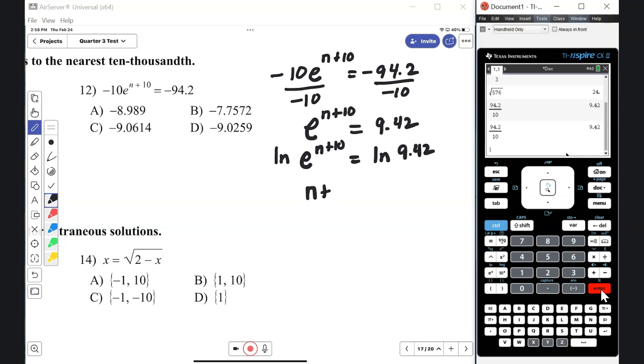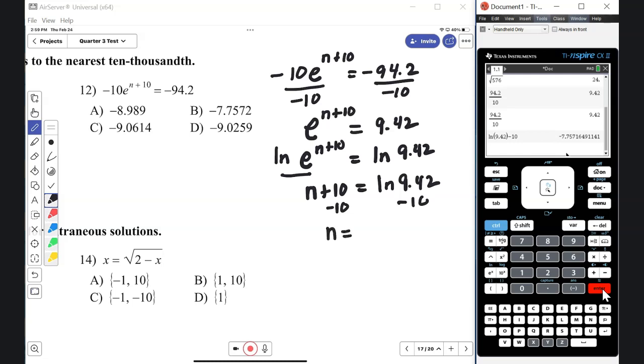So we're going to bring down the exponent since we're using the inverse property. So you're going to get n plus 10 equals the natural log of 9.42, minus 10. So you have natural log of 9.42, subtract 10, and so what you get is negative 7.757. So the answer is B.